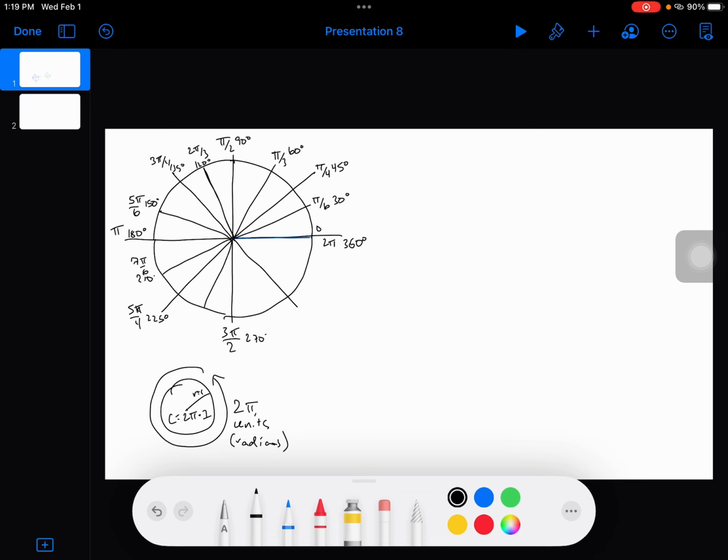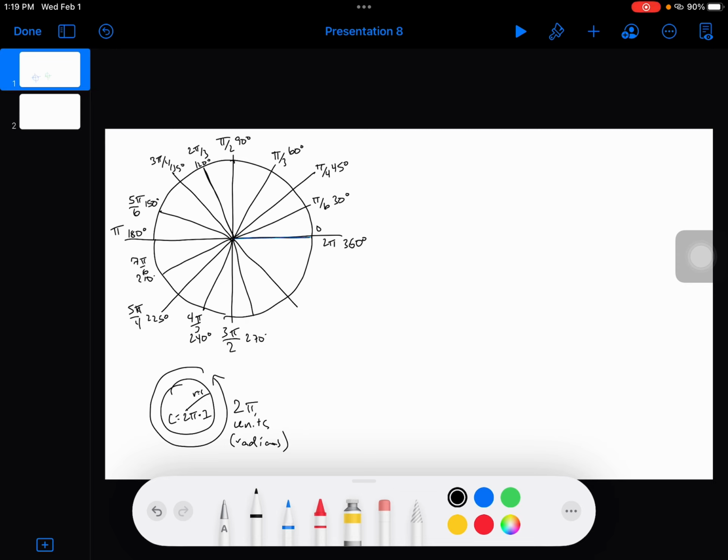And then the next 30 degree measure is 270 minus 30, which is 240 degrees. Then it's 7 pi over 6 plus pi over 6, so it's 8 pi over 6, or simplified to 4 pi over 3. And then 30 degrees from 270 is 300 degrees.